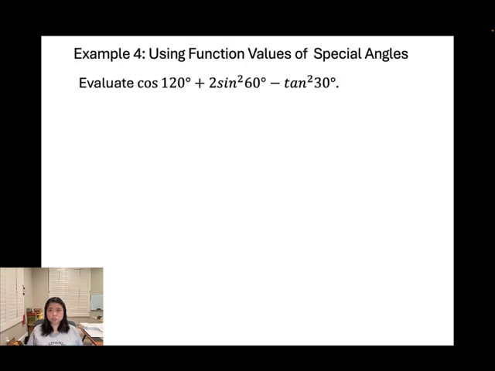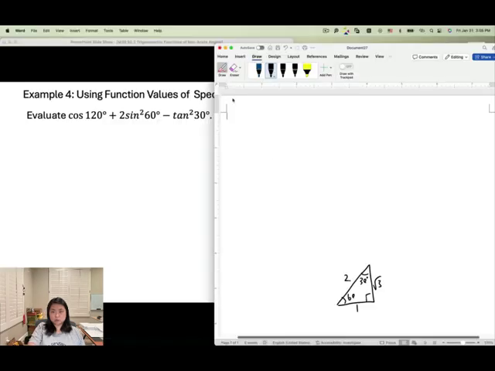Okay, example 4. Using function values of the special angles, evaluate cosine 120 plus 2 sine squared 60 minus tangent squared 30. Okay, let's do it together here. Cosine 120 will be in quadrant 2 here.